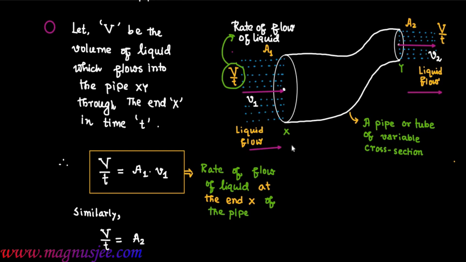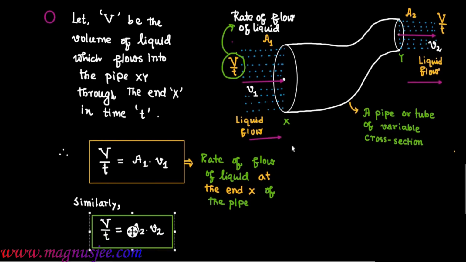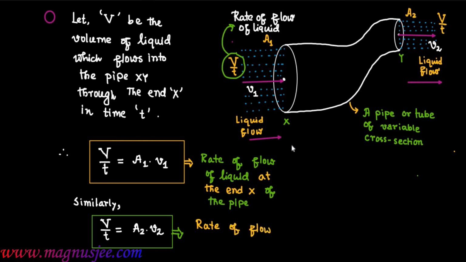Again, at the end Y, V by T can be written as A2 V2. That is again the rate of flow of liquid at the end Y of the pipe XY.